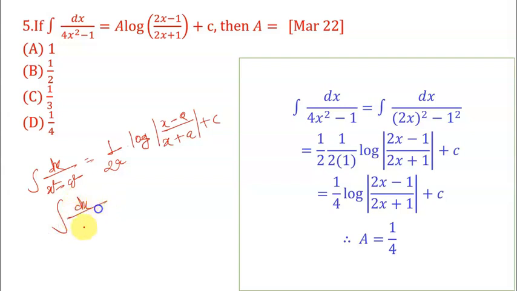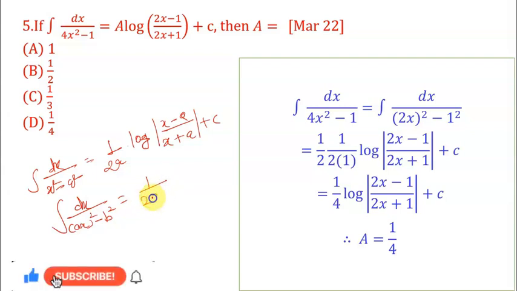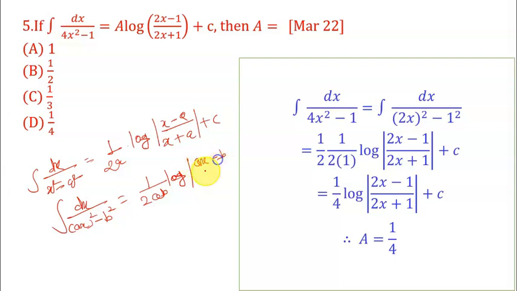This integral is like ax bracket square minus b square, and this is nothing but 1 upon 2ab log of mod of (ax minus b) upon (ax plus b) mod complete plus c.